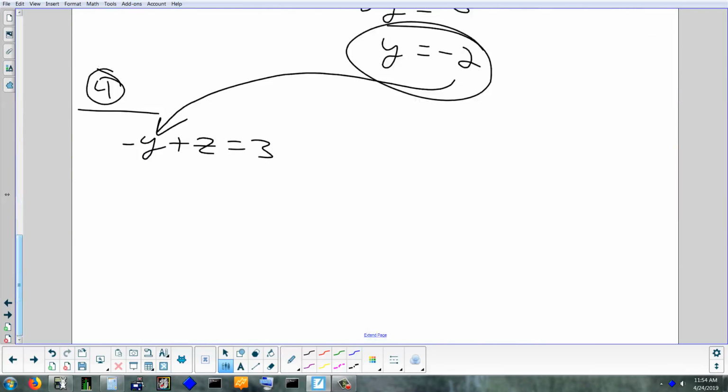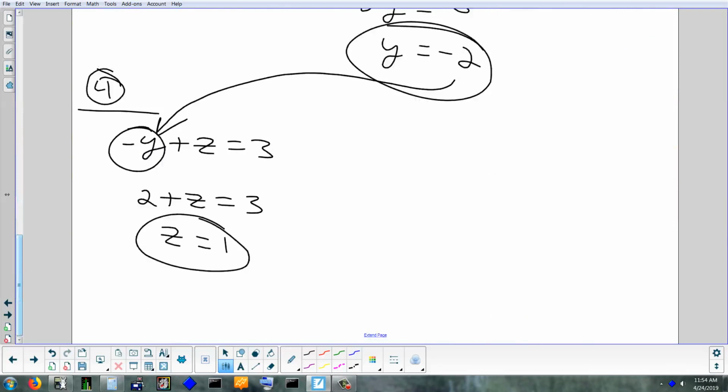Plug that in right there. So what's going to happen when I plug in right there? 2 plus z equals 3. So what's z? 1. So now we've got z, we've got y.